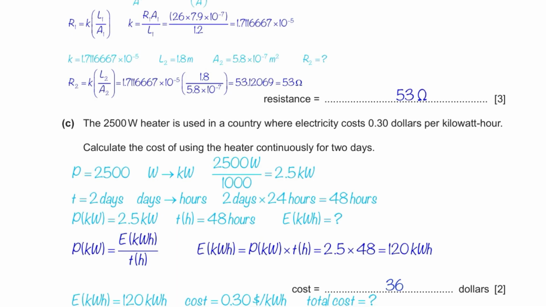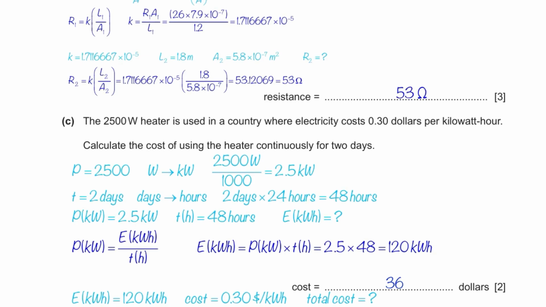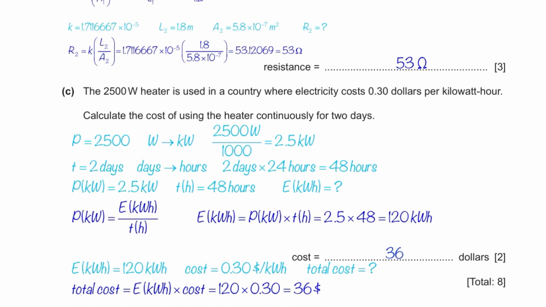Now that we know the total energy used is 120 kilowatt hours and the cost of electricity is $0.30 per kilowatt hour, we can calculate the total cost of running the heater. We use the formula: total cost is equal to energy multiplied by cost per kilowatt hour. So 120 multiplied by 0.30 equals $36.